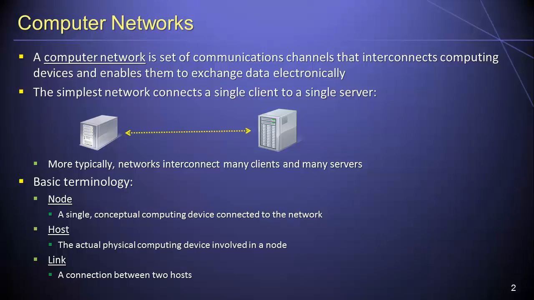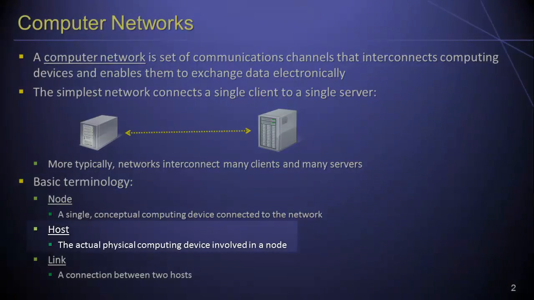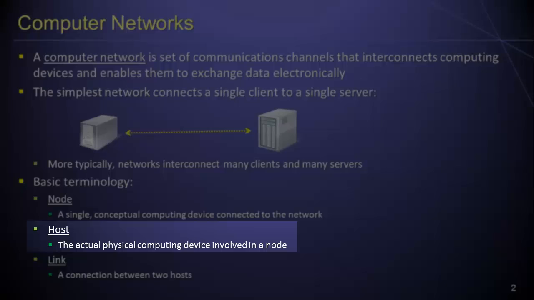First among these terms is a node, which refers to a single conceptual computing device that is connected to the network. The next common term is a host, which refers to the actual physical computing device which resides at a node. A node is therefore more of a logical concept, while a host is more of a physical concept. It is important to note that computers are not the only possible hosts.